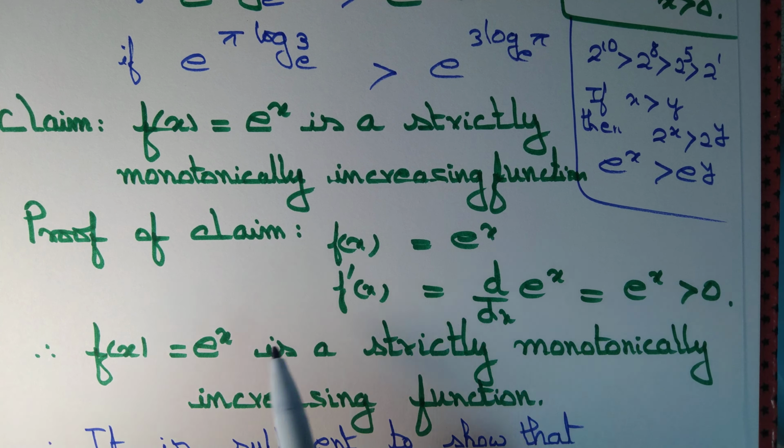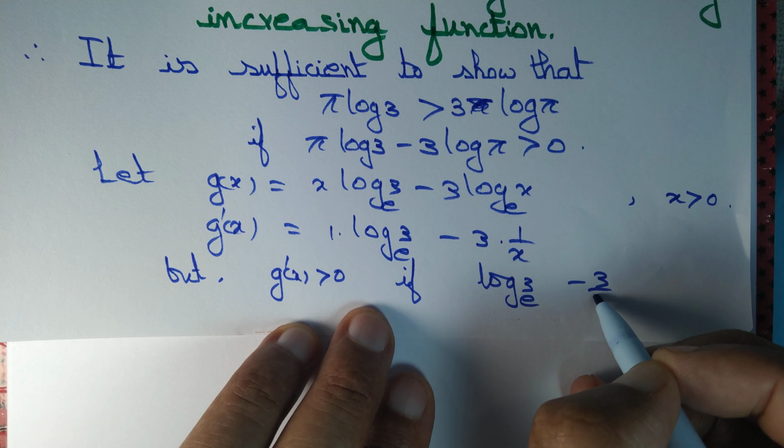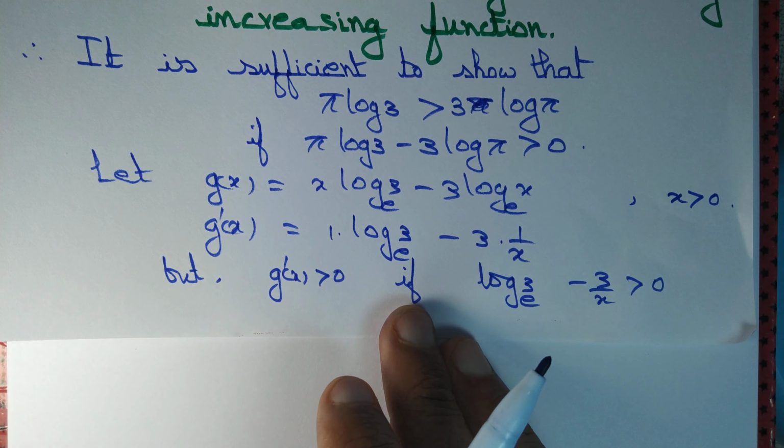g dash x is greater than 0 if log of 3 with base e minus 3 by x is greater than 0, which is true if log of 3 with base e is greater than 3 by x.